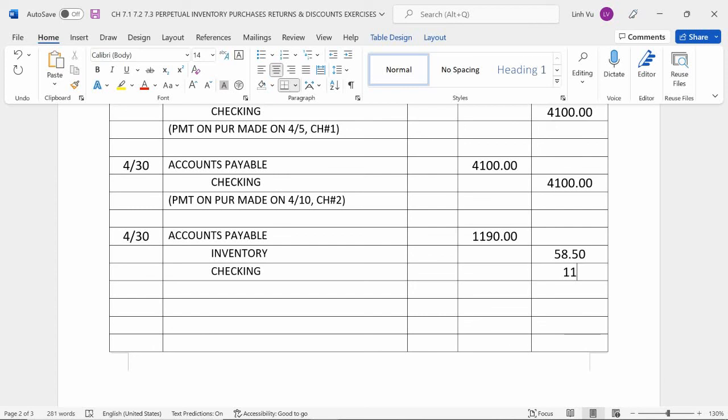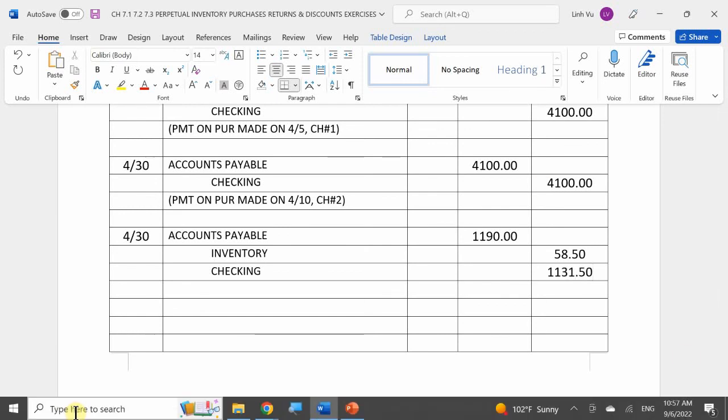So how much should I be paying? $1131.50. Right? You pay less because you receive the discount.